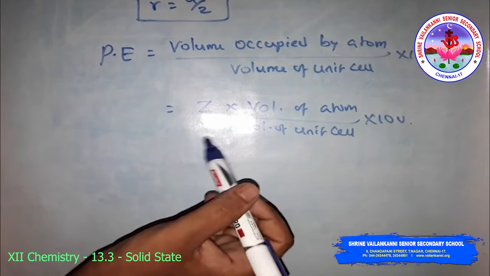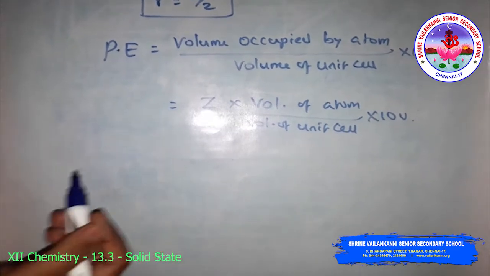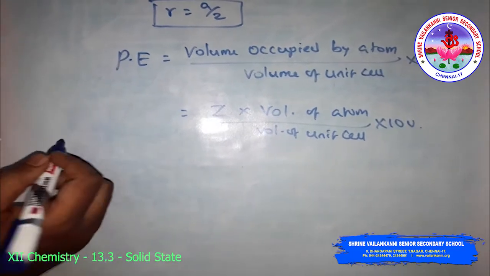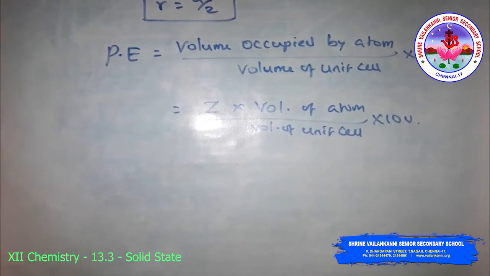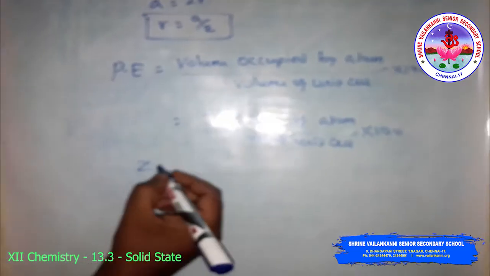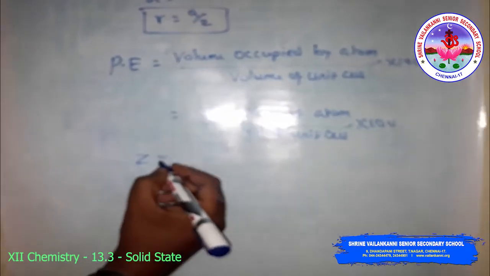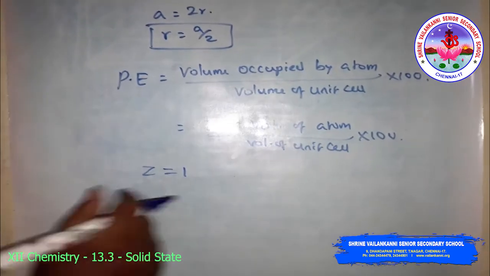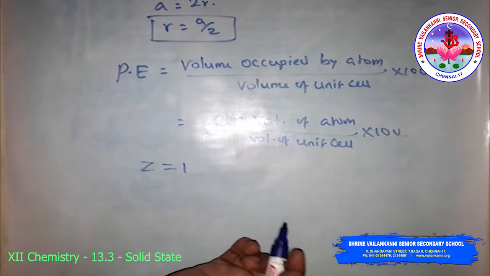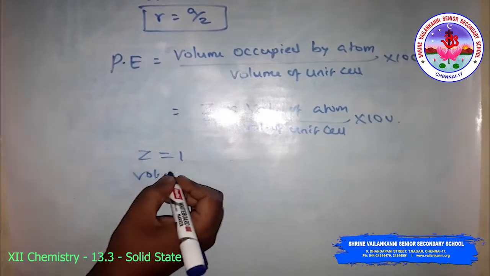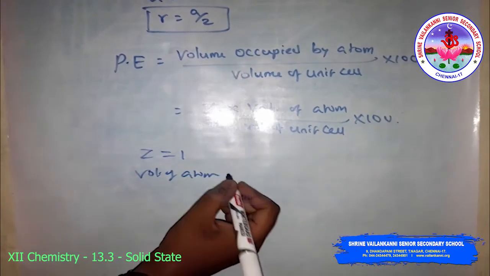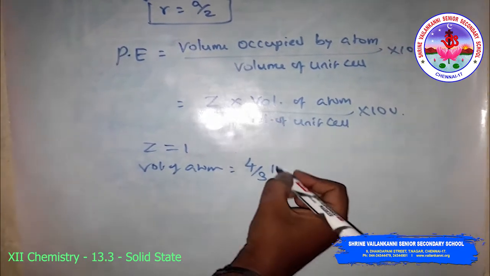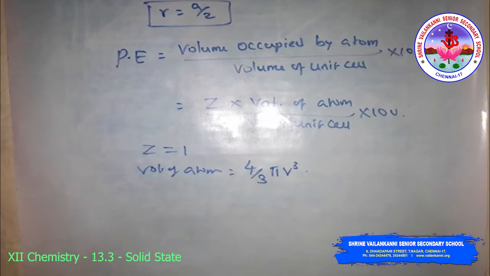Already we know the number of atoms for a simple cubic unit cell is 1. Then the volume of atom is 4 by 3 pi r cube.